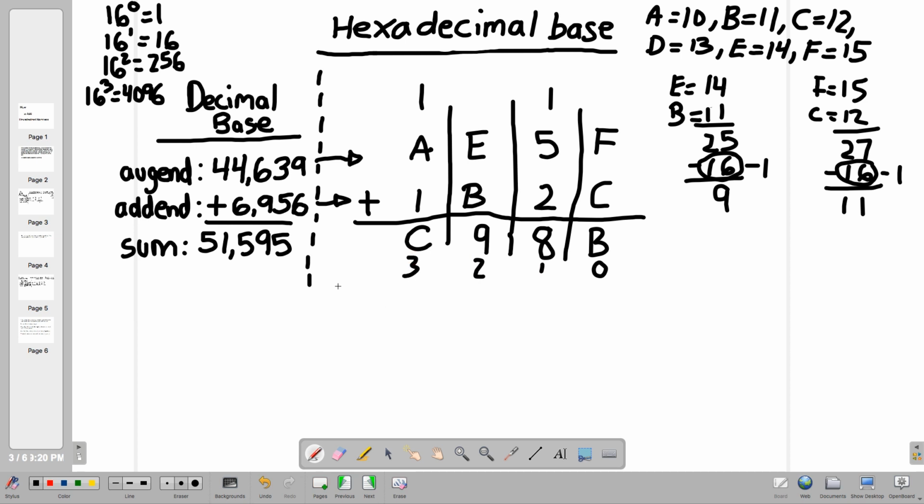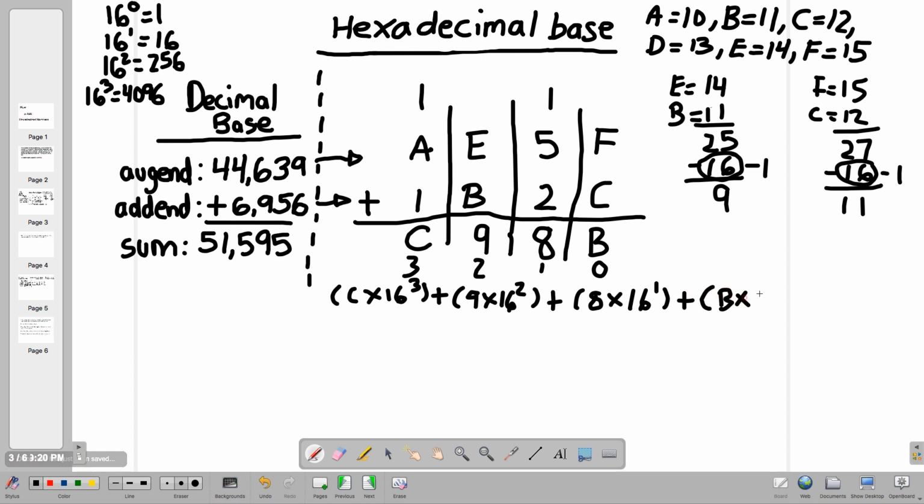So to show how to convert, we have C times 16 to the third power, plus 9 times 16 to the second power, plus 8 times 16 to the first power, plus B times 16 to the 0 power.